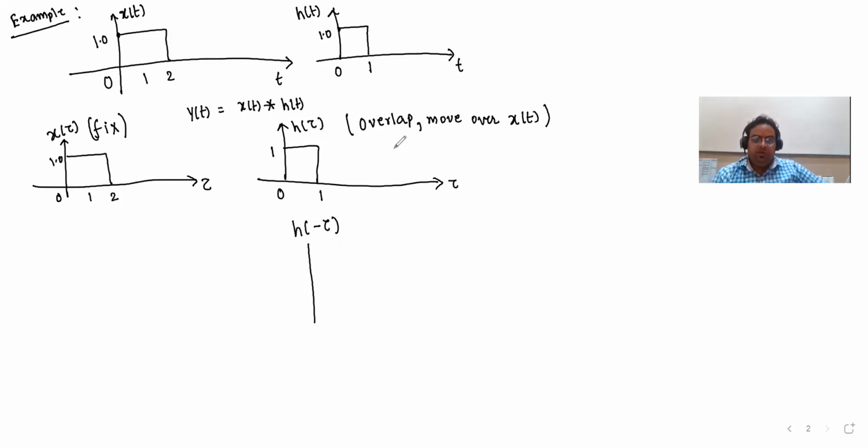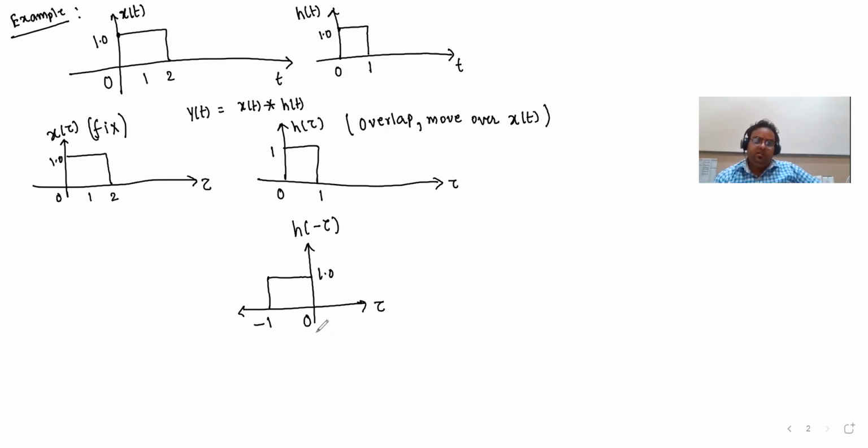So in order to do this moving and overlapping over the x of tau, the first thing we do is that we perform the time reversal. So when we find h of minus tau, this will vary from -1 to 0. Okay.